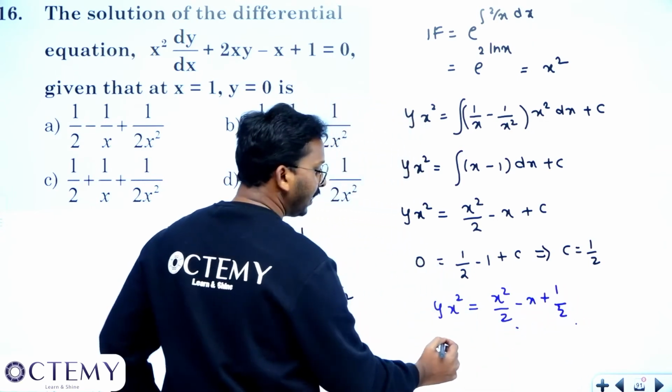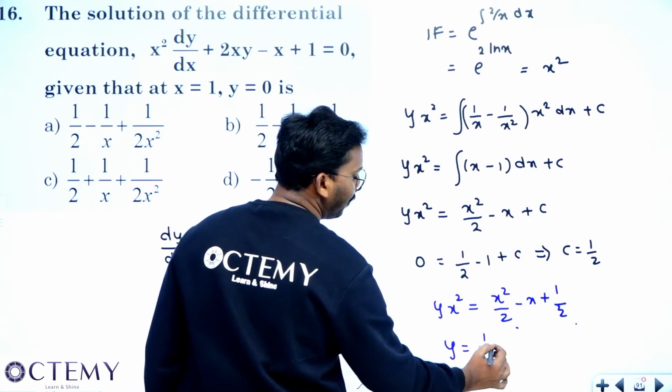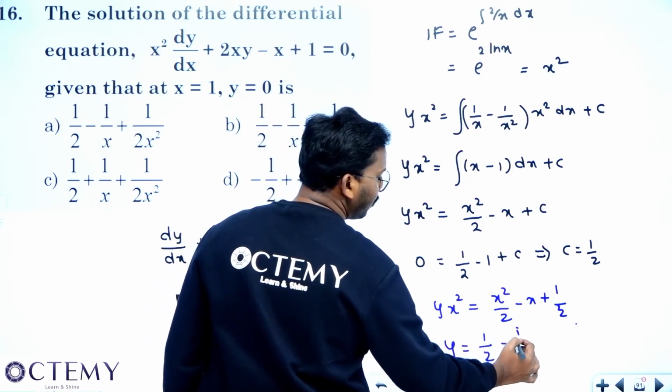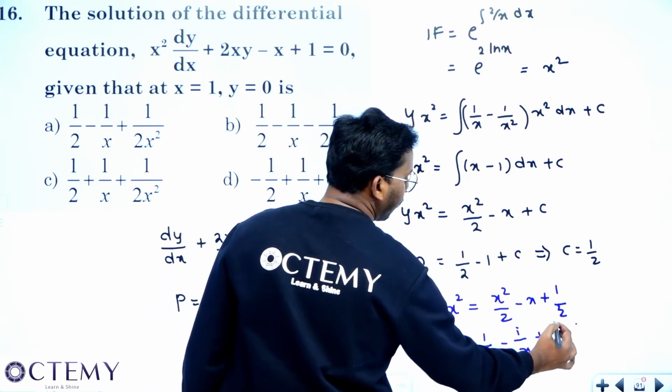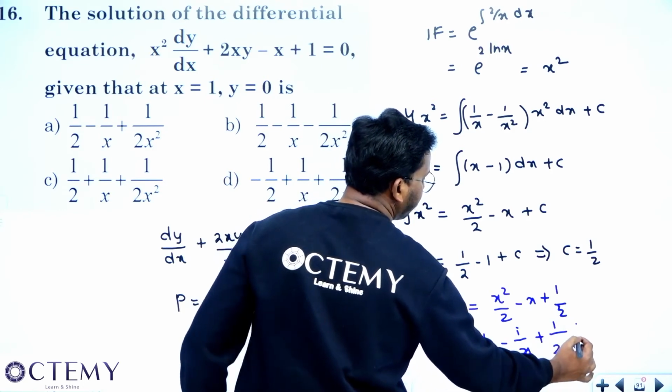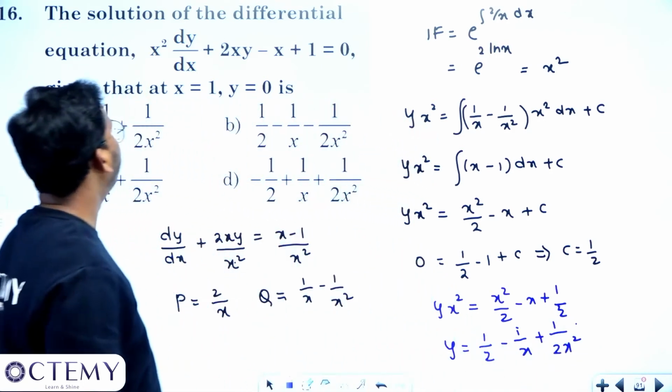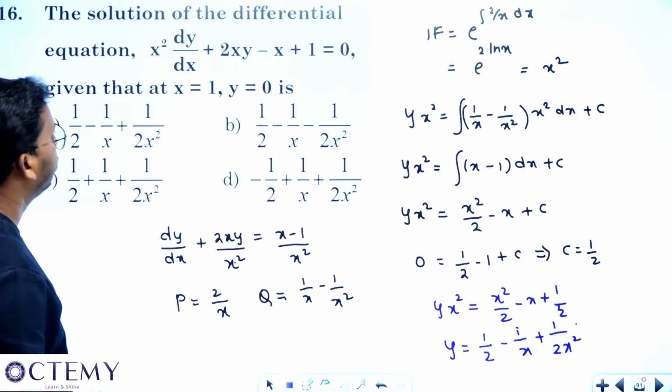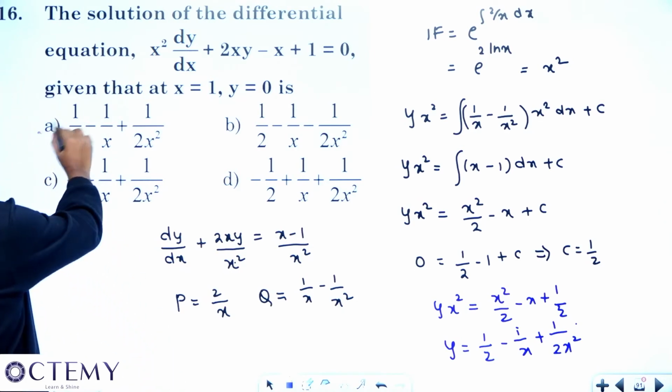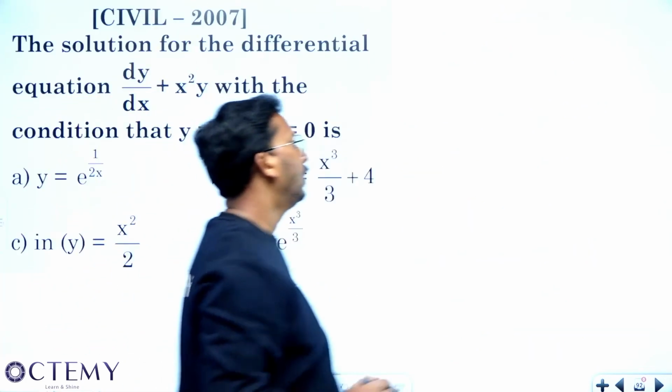So you divide with x square, you will get y is equal to 1 by 2 minus 1 by x plus 1 by 2x square. Option A is correct. Very good, sir.